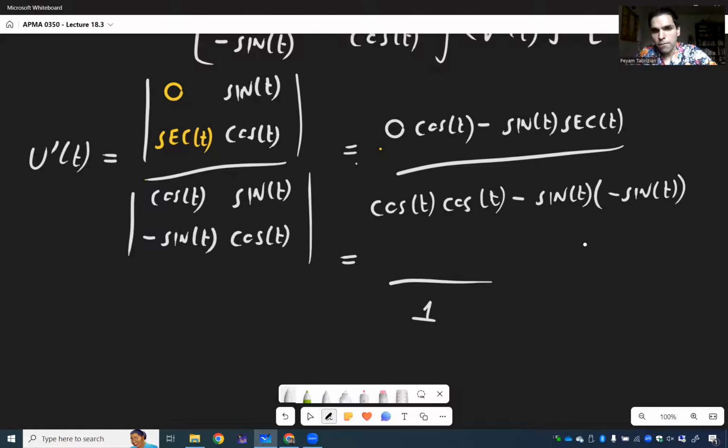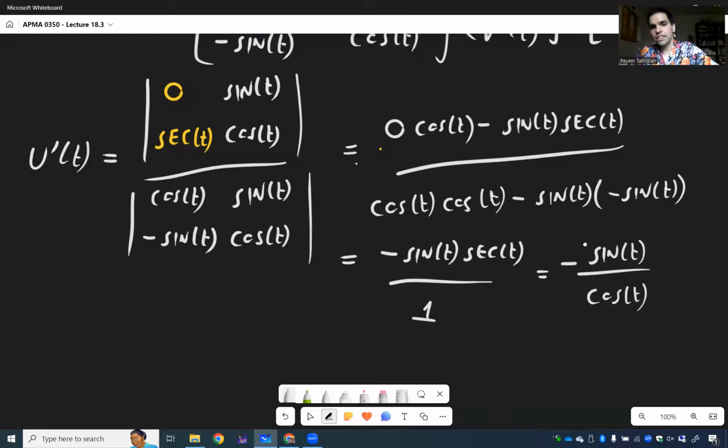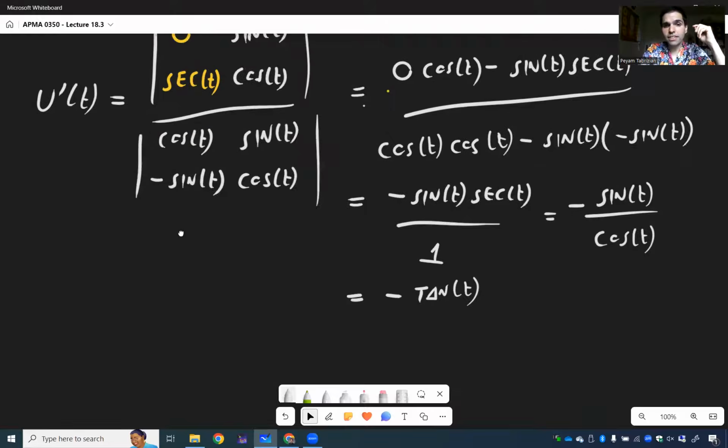So we get minus sine of t secant t over 1. But remember, secant is 1 over cosine. So you get minus sine of t over cosine t, and really minus tangent t. That's one thing. U prime simplifies.